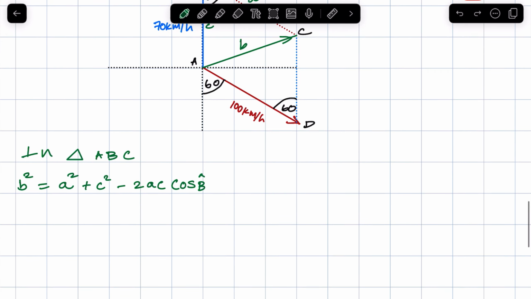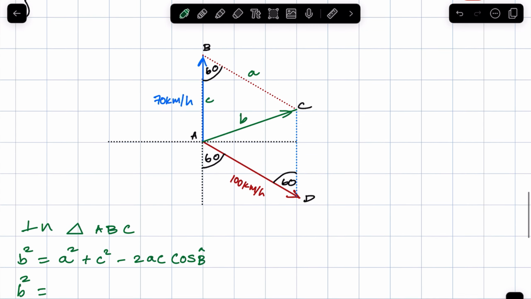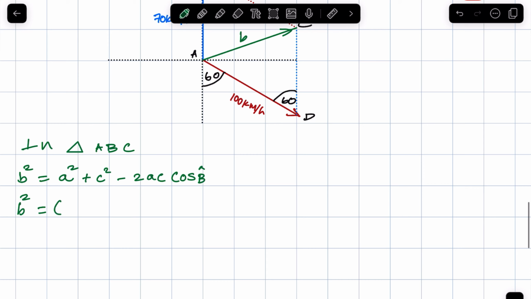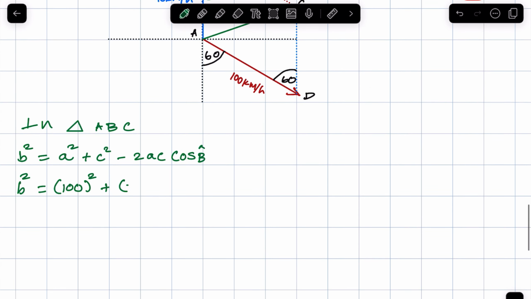So now we solve for b squared. b squared is equal to a squared, which is 100, so we have 100 squared, plus c squared, which is 70 squared, minus 2 into a, which is 100, c, which is 70, cos B, which is 60 degrees.